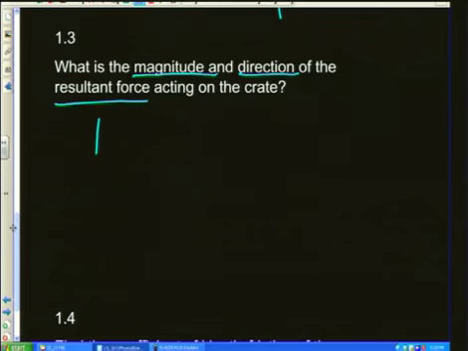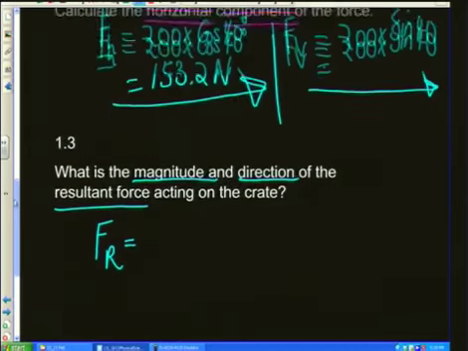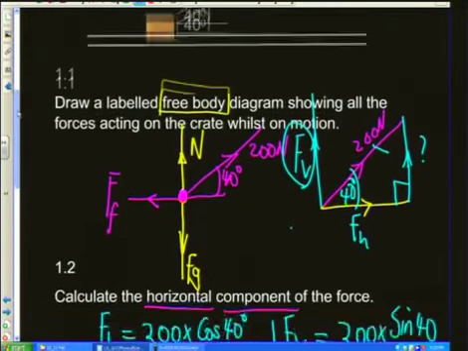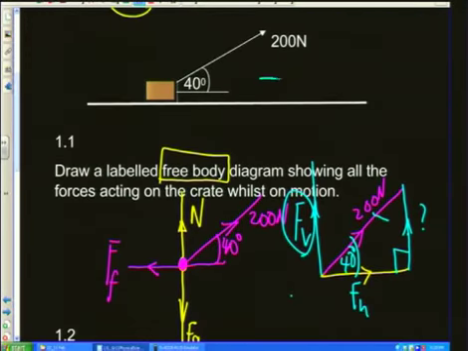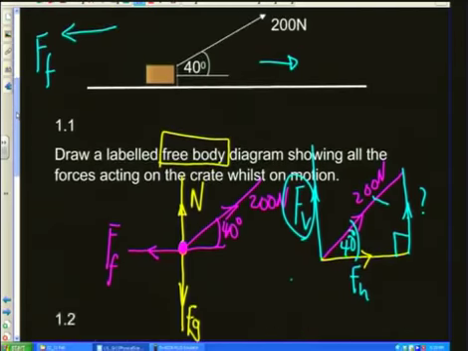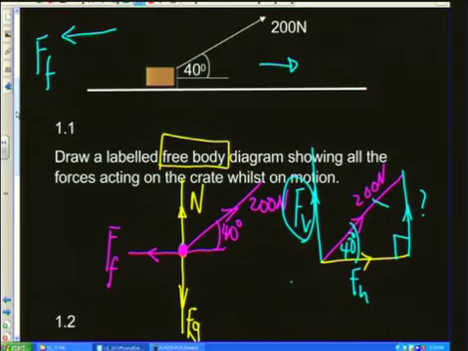Now, the resultant force acting on the crate, remember, the crate is moving to the right. There is the force of friction, and in this direction again, not in the same direction but in the same plane, what do we have?